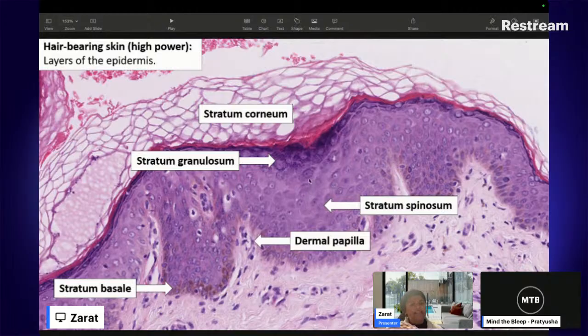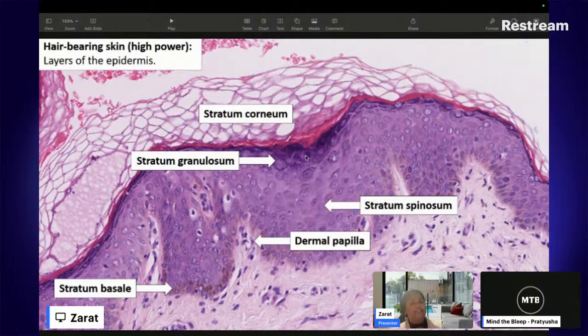Then as they grow more mature, they go up to the stratum granulosum layer, and they have granules in their cytoplasm, and that's why they're called the granular layer. Again, I'll show you a close-up of the granules. They form this thin, more purple, darker granular layer.